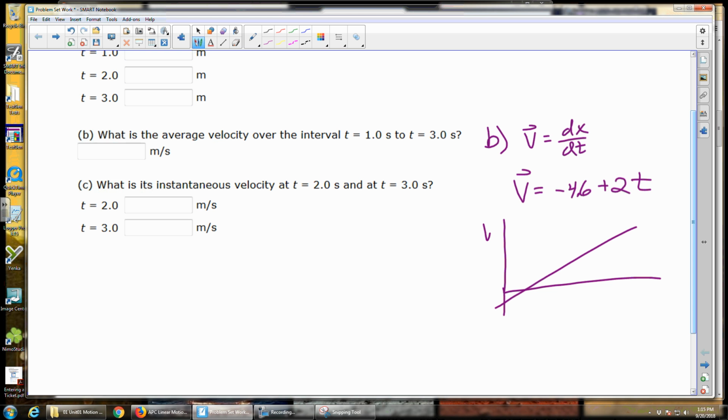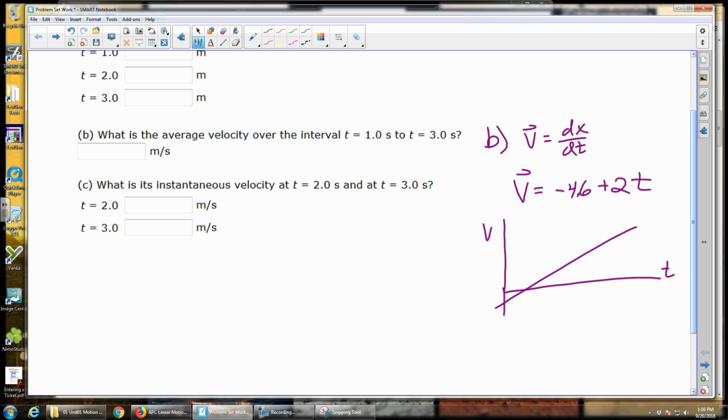Sorry, I should have labeled these V and T here. And so if I want to find the average, it's just going to be halfway between 1 and 3, so that would be at 2 seconds. Oh, and then it wants me to find the instantaneous.